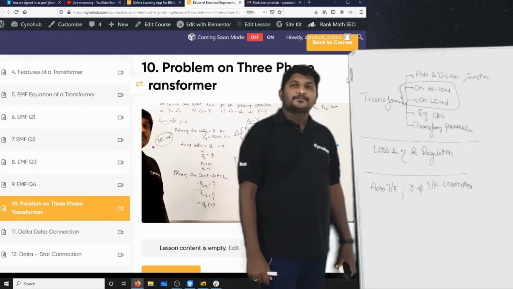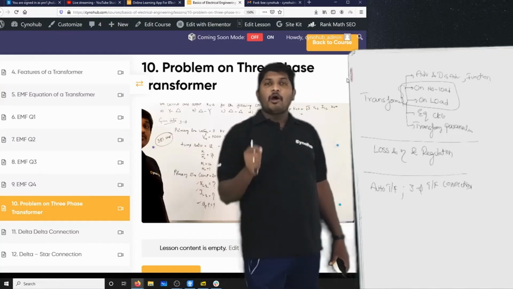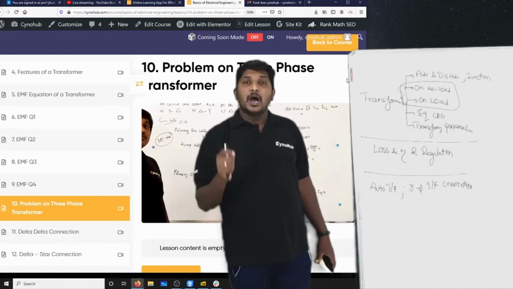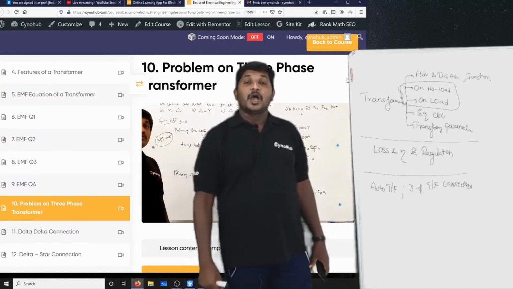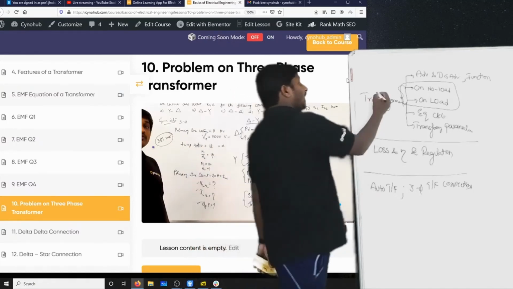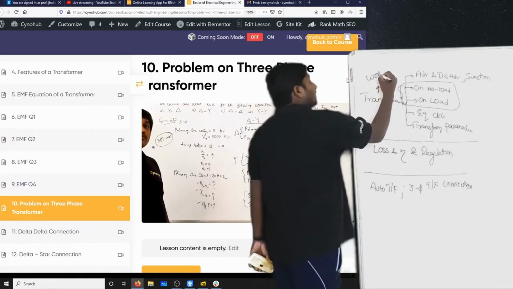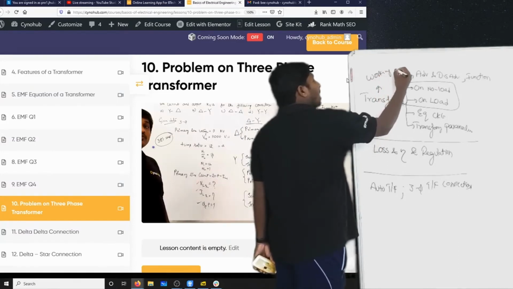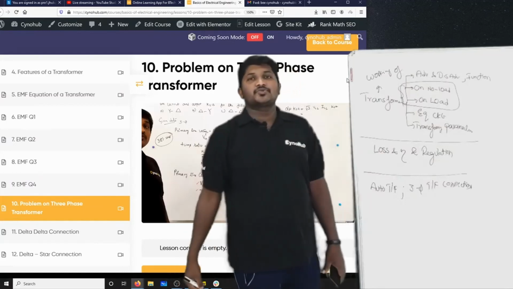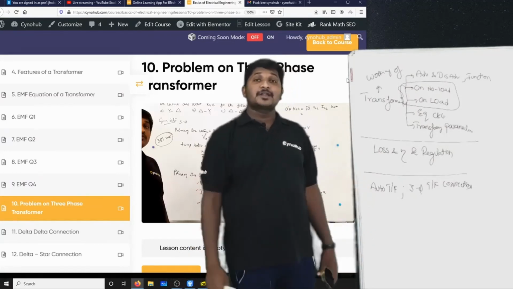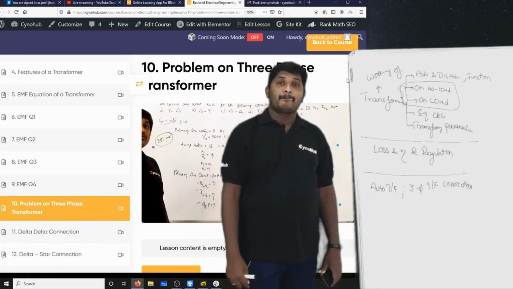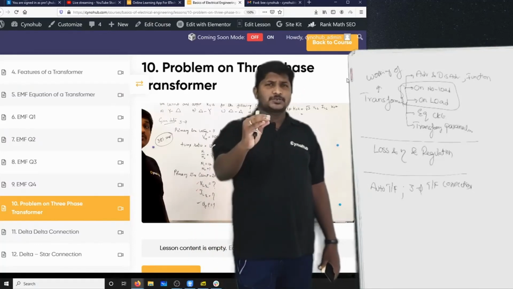Explain operation of a transformer on load case. Or they will ask another question like this: what is the working of a transformer? Or what is the operation of a transformer? Those are very important questions.